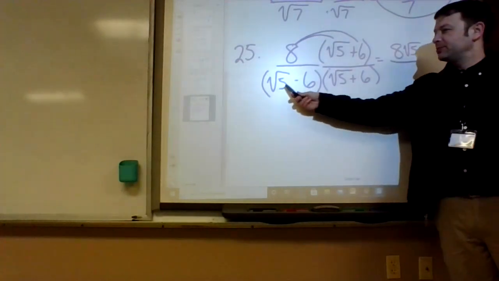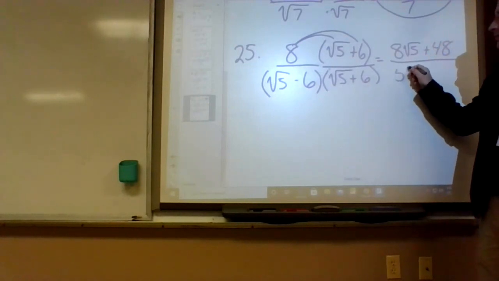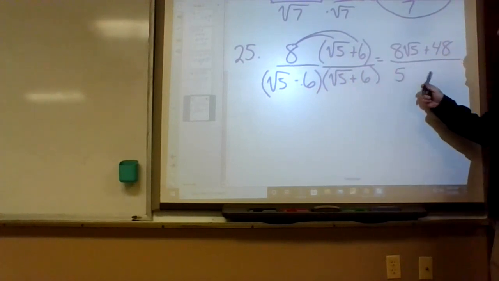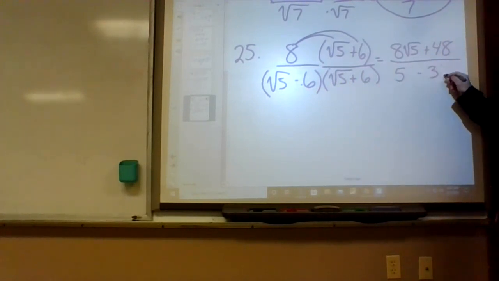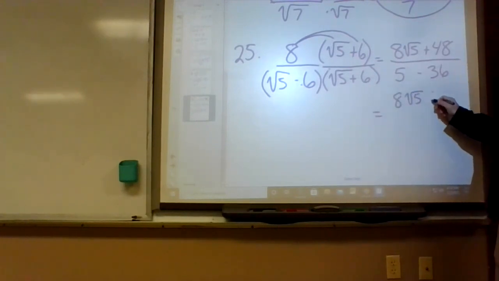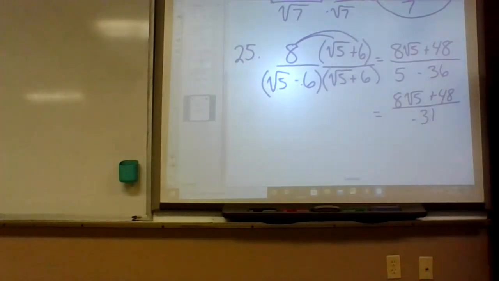The bottom, square root of 5 times square root of 5 is 5, and minus 6 times positive 6. So the bottom is negative 31. So it's 8 square root of 5 plus 48 over negative 31. I'm going to leave the negative down there this time.